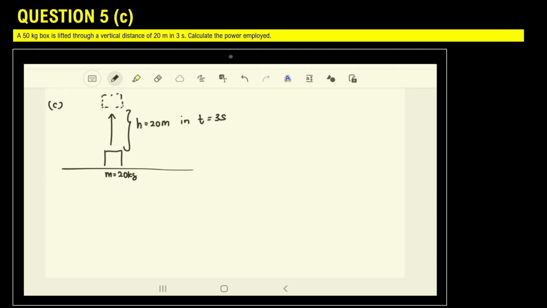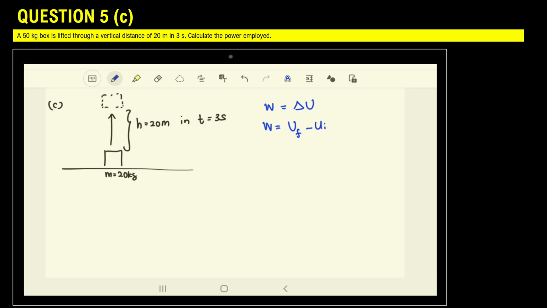So there is a change of height. We can also find the work done on the object, which is equal to the change of the potential energy, U final minus U initial.